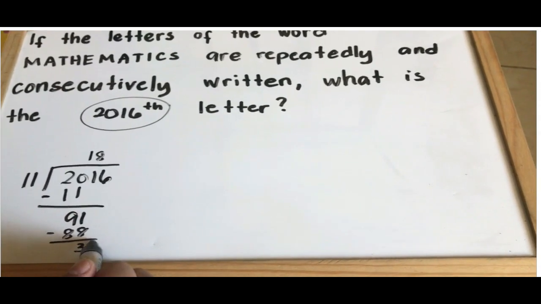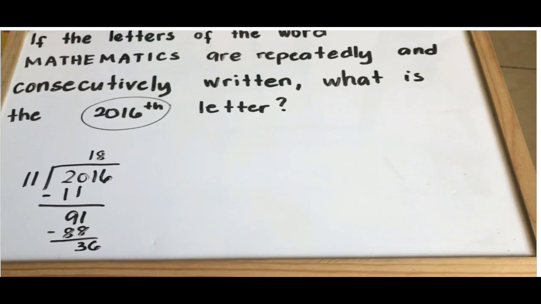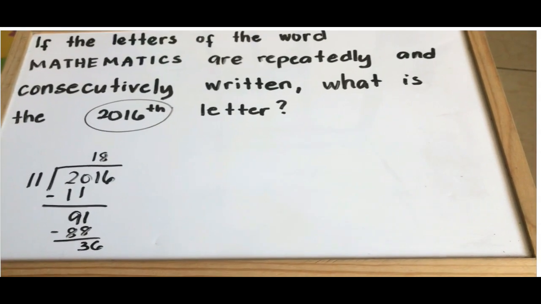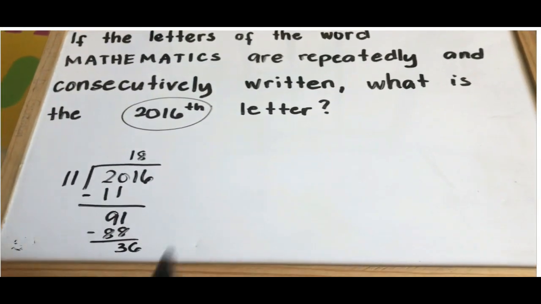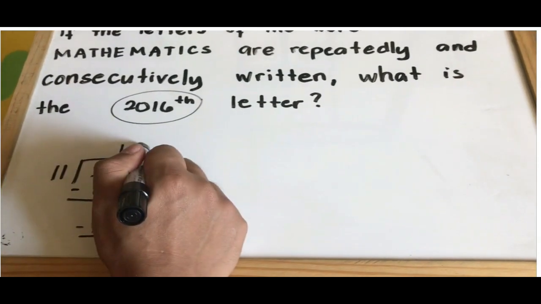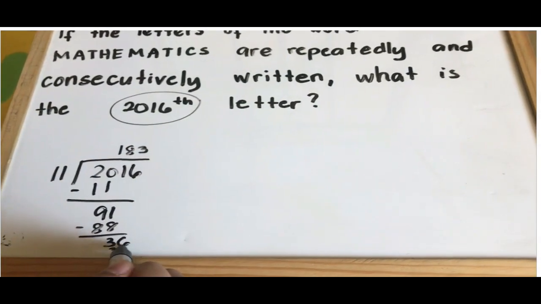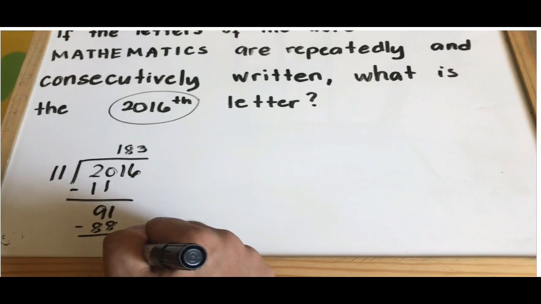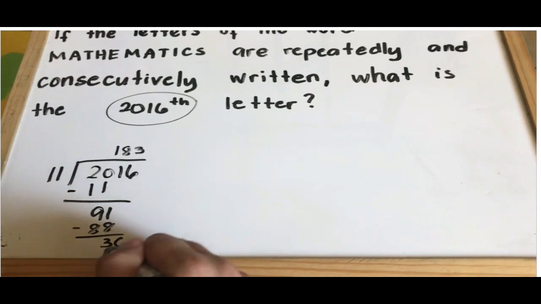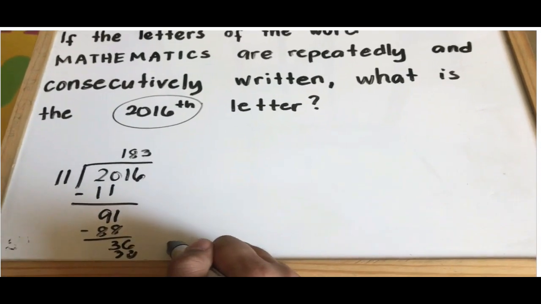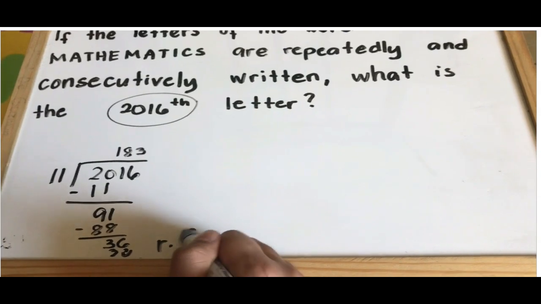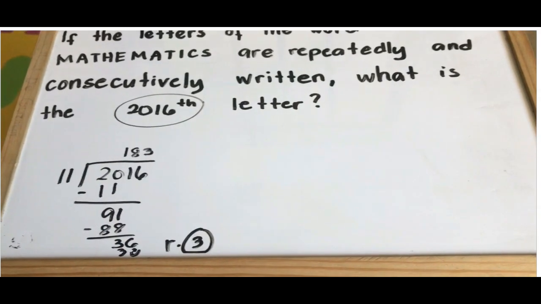Bring down 6. So, 36 divided by 11, ilan? 3 and 33. So, magkakount tayo ng subtract, remainder na 3. Okay. So, 3 ang remainder natin.